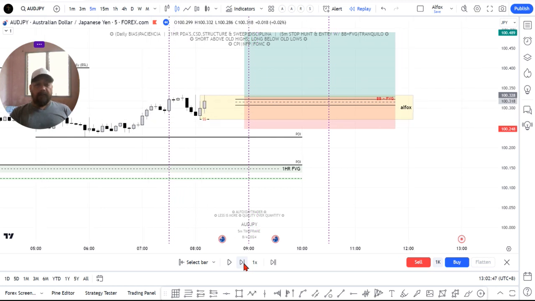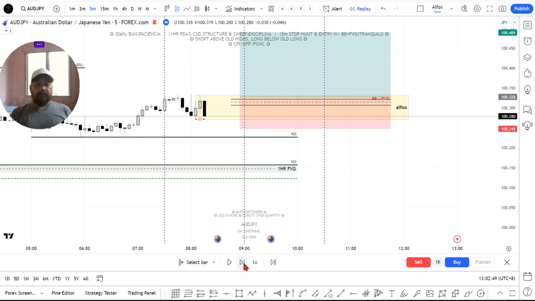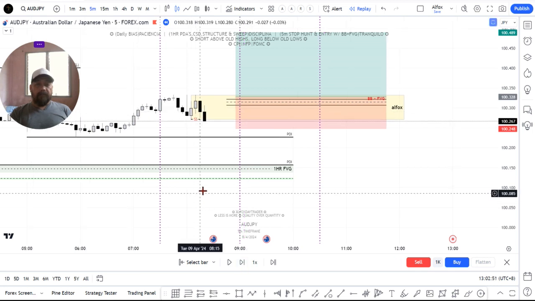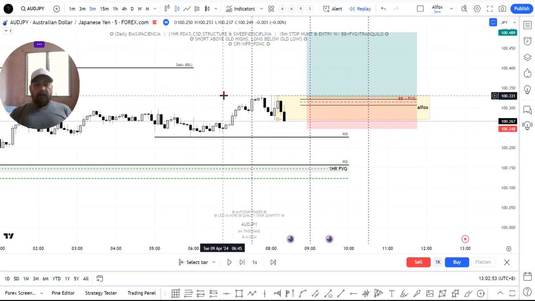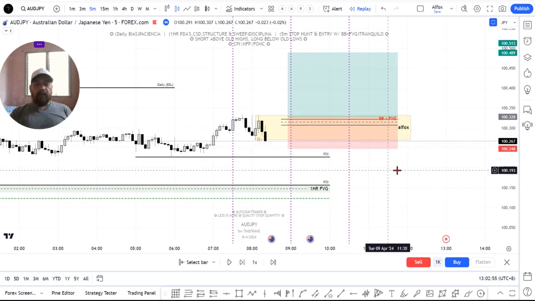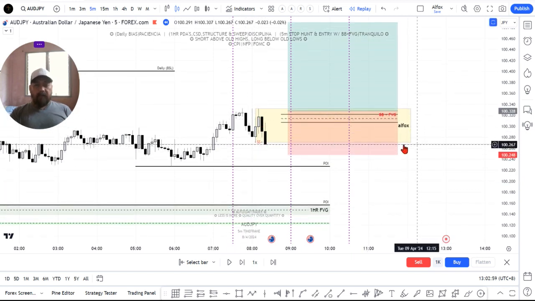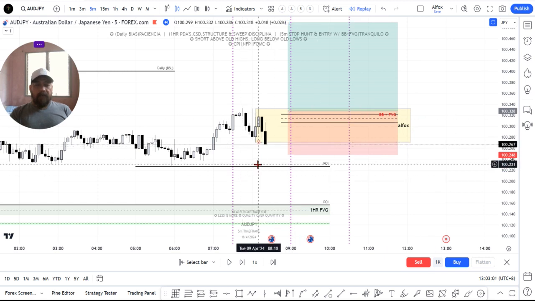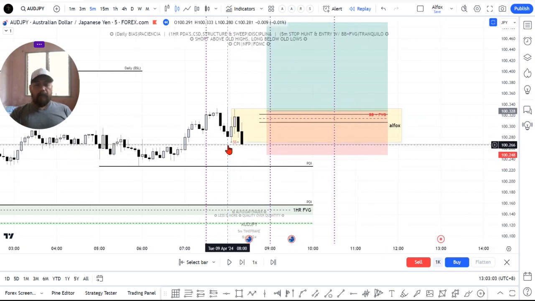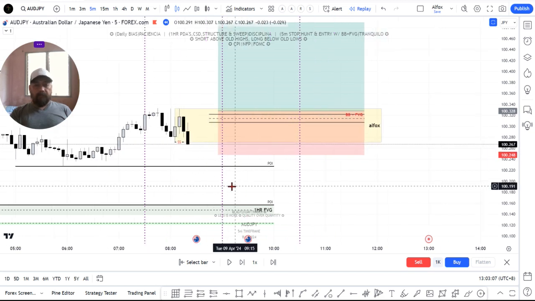Then it created our breaker block, there. So now we have our breaker block, this yellow box. Then we have our lower time frame stop hunt.